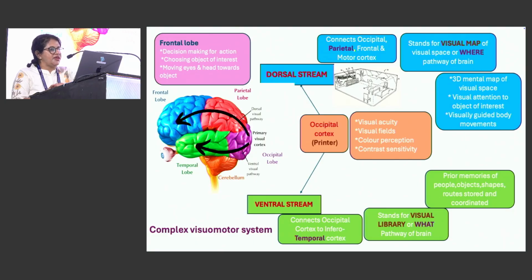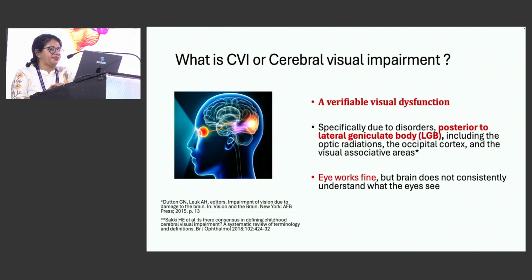And the dorsal stream is connected to the parietal lobe, which is the visual map, otherwise known as the where pathway, where the 3D mental map of the visual space is created and visually guided body movements are initiated. The frontal lobe takes the decision. So, disruption anywhere in this complex visuomotor system can affect the child's visually guided activities.